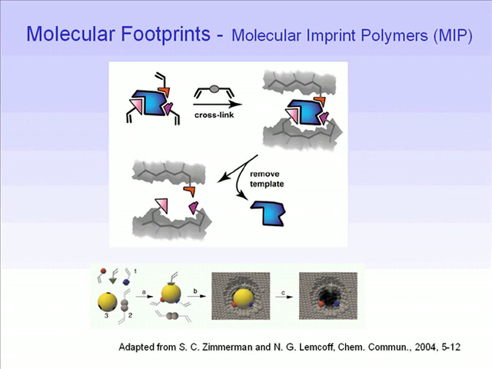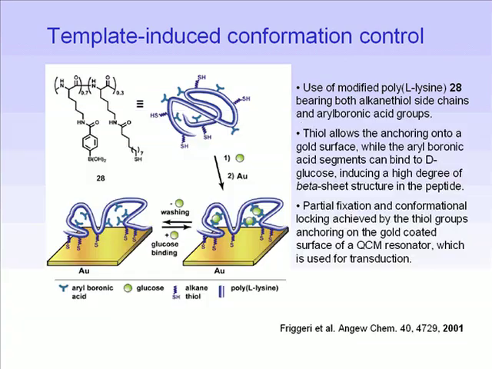These double bonds can be polymerized to be completely fixed, and once you polymerize, you pluck out this non-covalently bound system, and you create a topological cavity which has elements that will primarily recognize the template for which it was developed. Now, this process is called molecular imprinting, and it's more like a footprint, a molecular footprint, in this nice cartoon depiction in the article by Zimmerman.